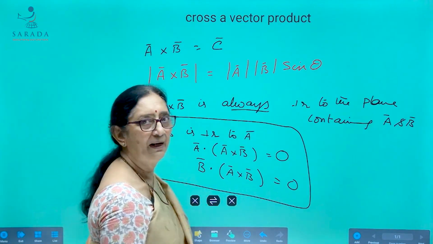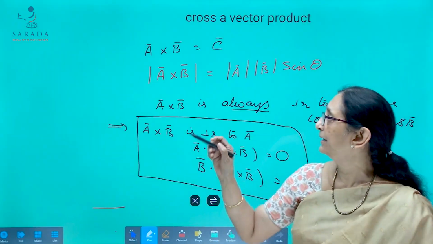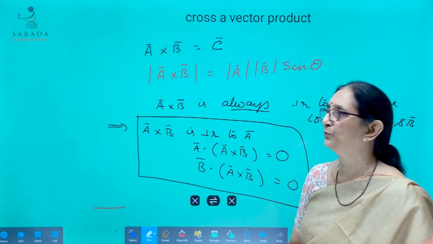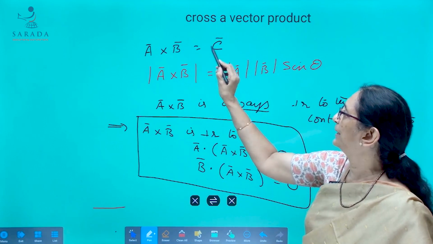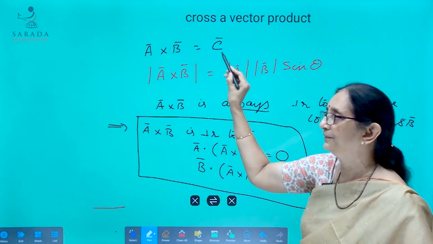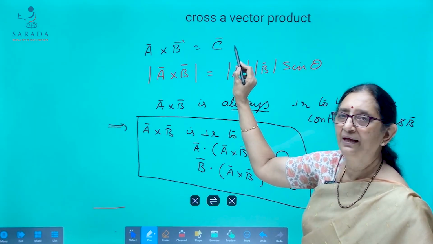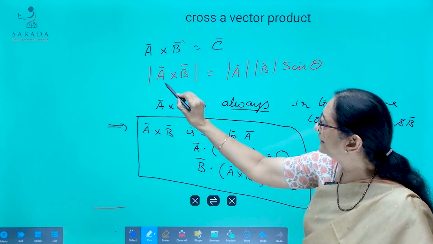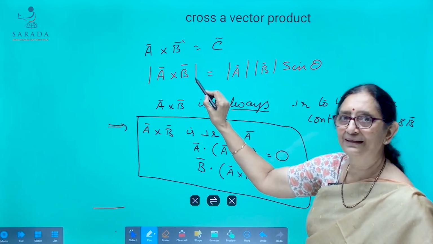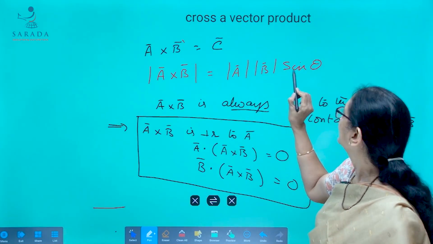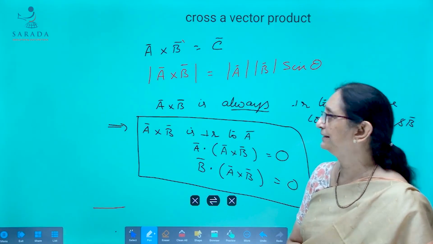So here again I'm just repeating. Look here. The cross product or vector product A bar cross B bar gives rise to a vector, meaning it has both magnitude and direction. The magnitude is the product of their magnitudes and sine of the angle between them.